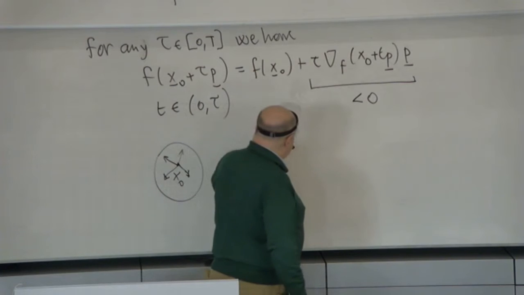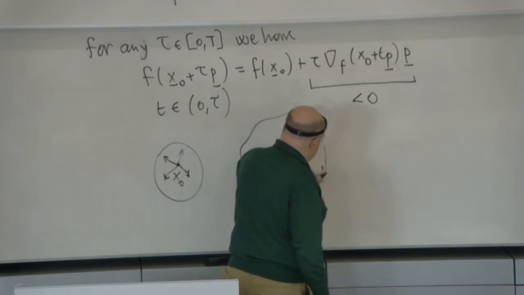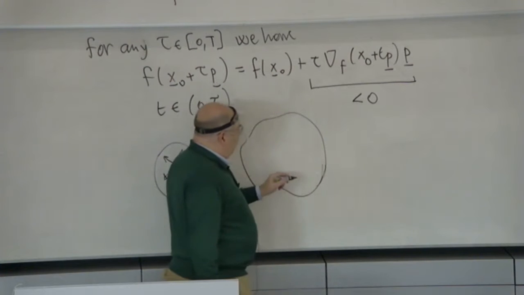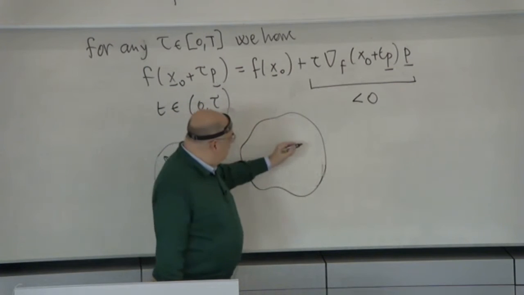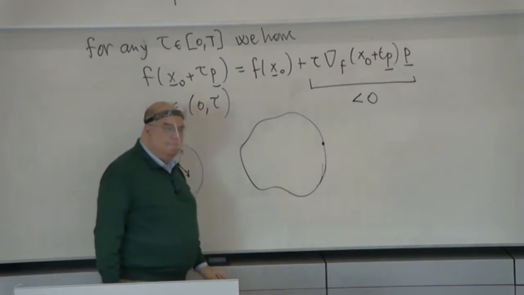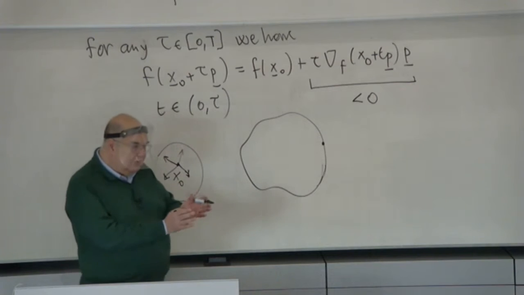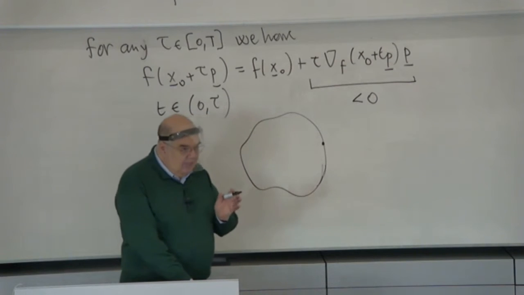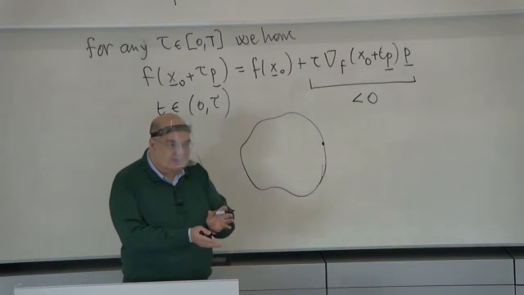For a non-interior point, if you think of, say, you are here, at this point, and this is a closed region, so the border is inside. How can you say that this is a minimizer? Essentially, you follow the same reasoning here. You look at all the directions and see whether along all the directions you're actually increasing, which means this is a minimizer.